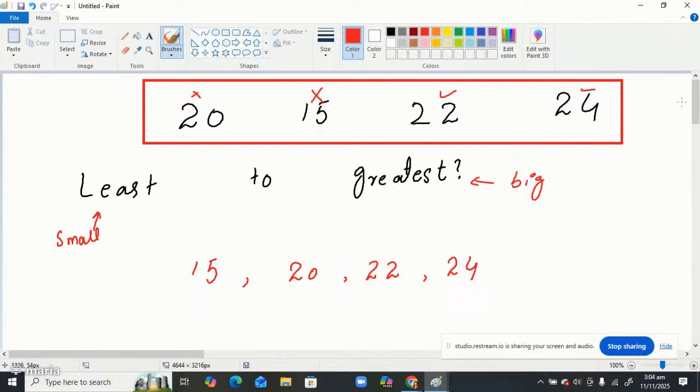Let me write one more question related to this. You guys tell me the answer. For example, I'm going to write the numbers here: 10, then 19, then 24, then 35, and then 8.